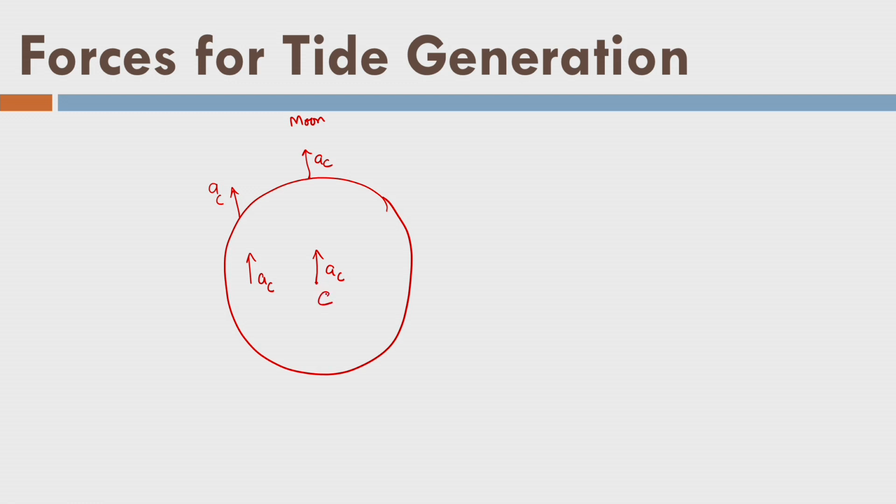This is my center C, but at the same time there is another force working here called A1, or I call it AM now. The direction of AM at each point is towards the moon, like this, and like this.